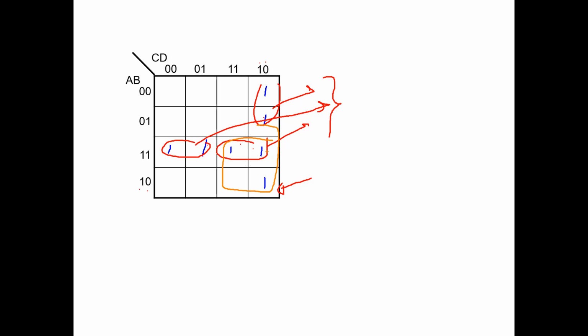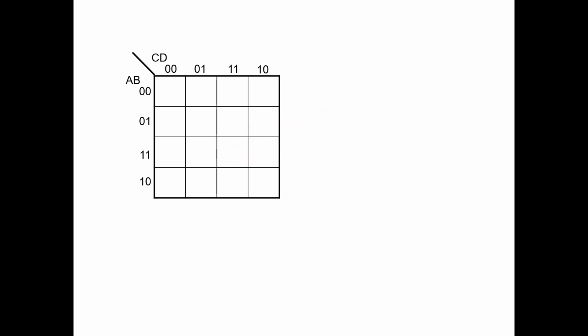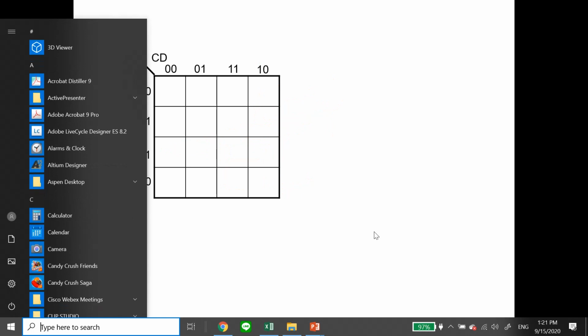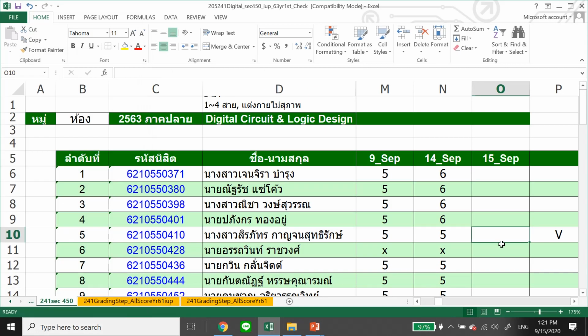If you select this one, your result will give logic 1 output at here, right? But the problem wants 0 at here. So be careful. If you understand this point, it's easy for you.